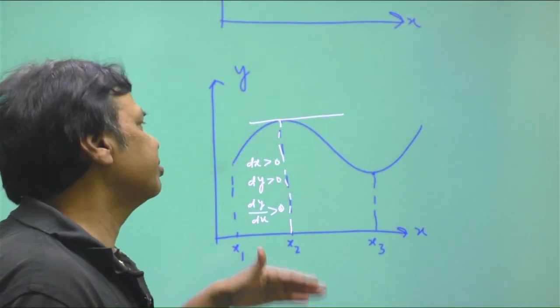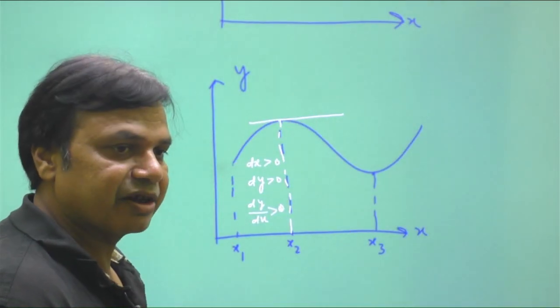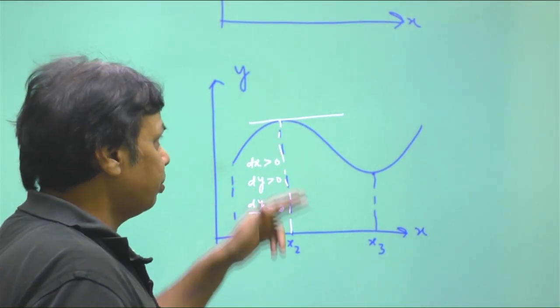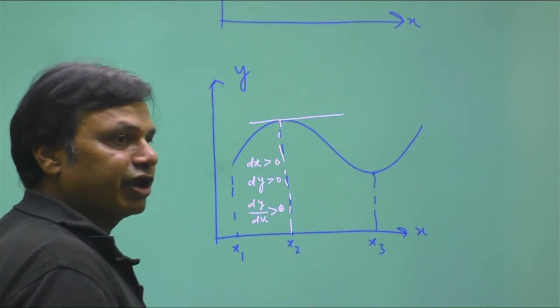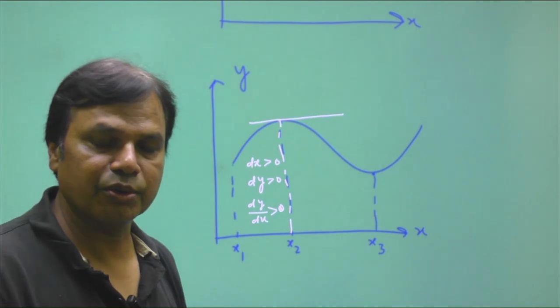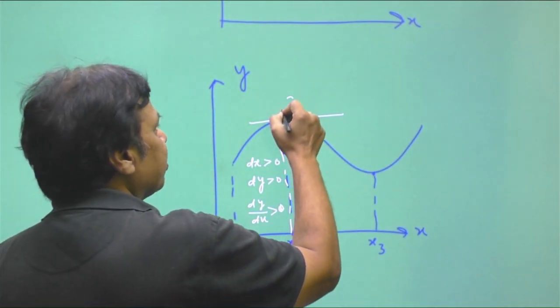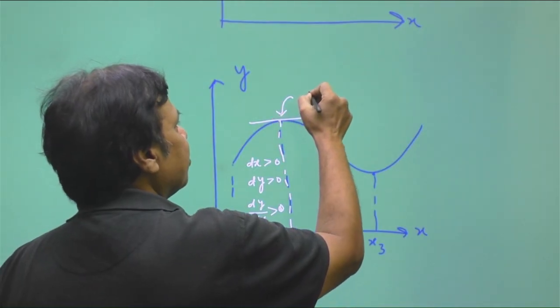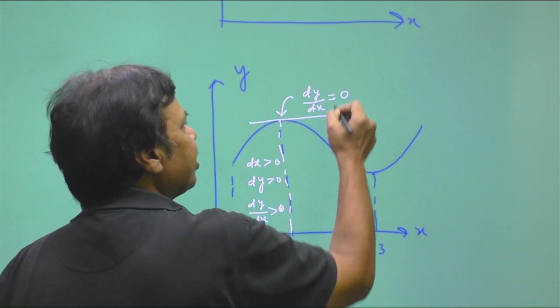We sometimes call it the horizontal tangent. The slope of this line is going to be 0 because tan theta is the slope, and tan 0 is always 0. So at this particular point, tan theta is equal to 0. That means the value of dy upon dx becomes 0 here.